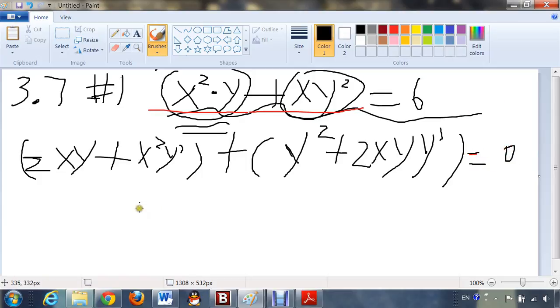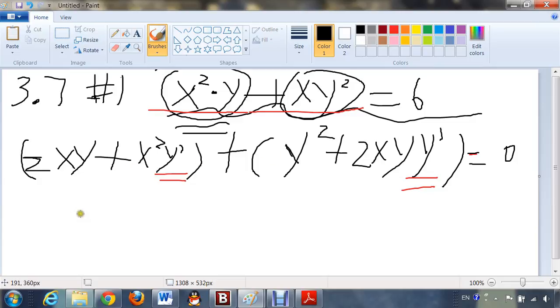0. Okay, so what we need to find is y prime, so we really have to combine the expression and find a way to isolate y prime from everything else. First, we see if we can combine anything.